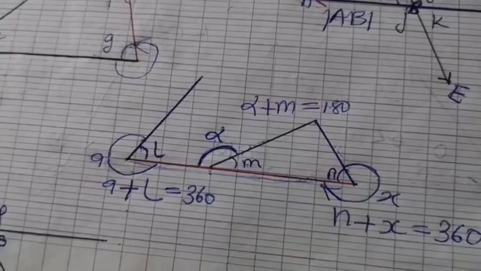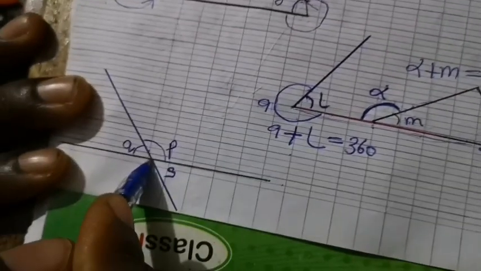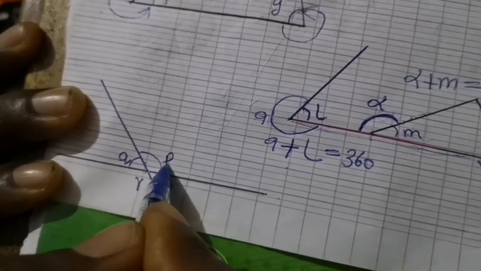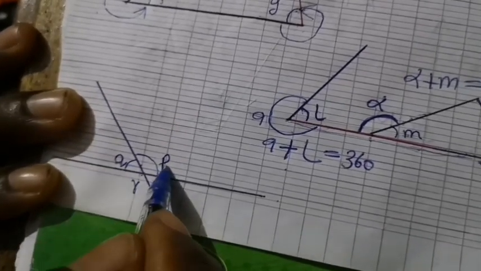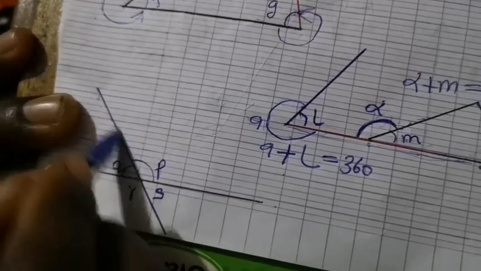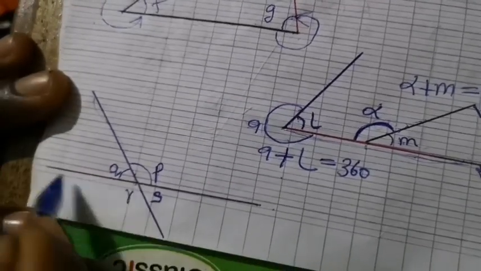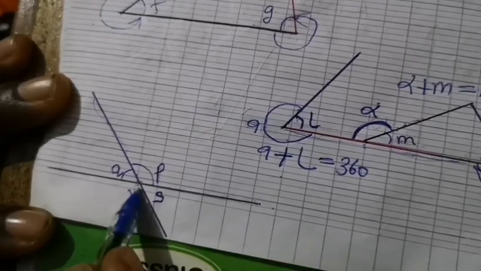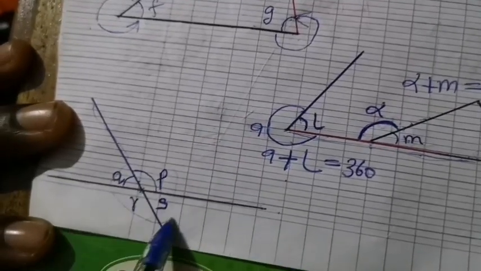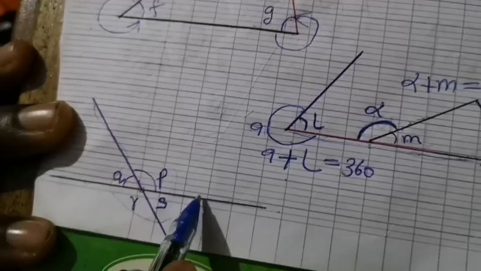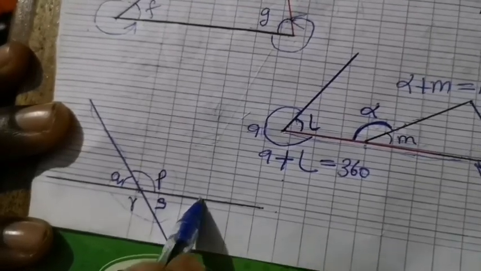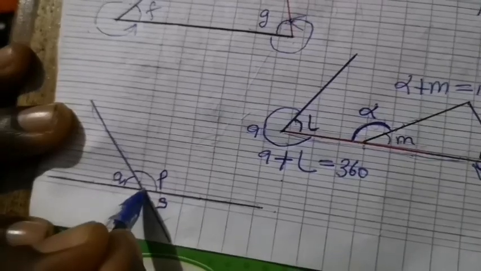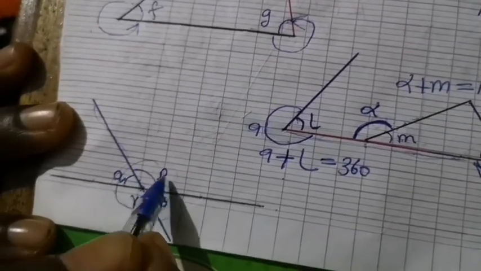Now in this place, if I don't want to consider Q and P to be angle on a straight line, I can say that this line meets here, this other line meets here, and this line meets here to form all these angles. Since all these lines now meet here, we can call the angles formed here angle at a point.